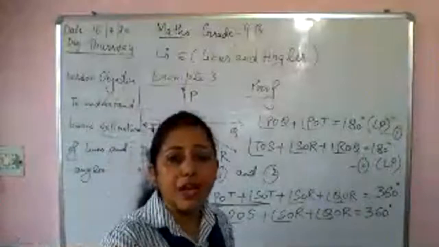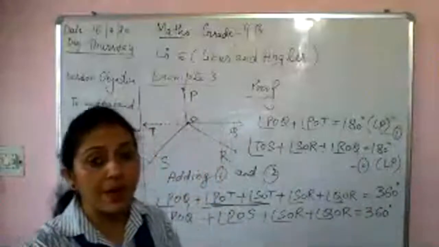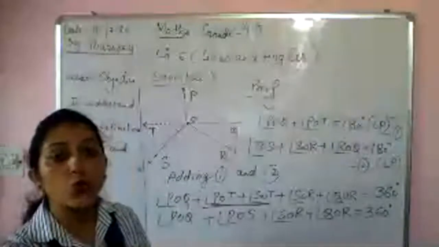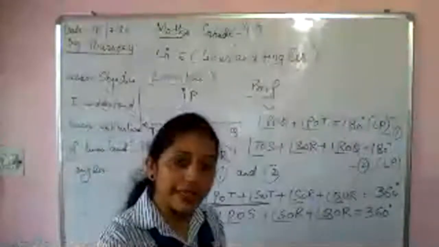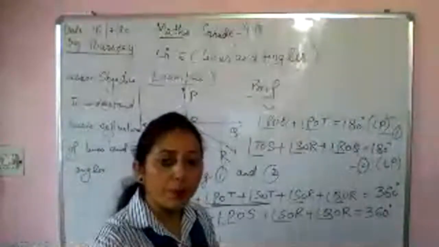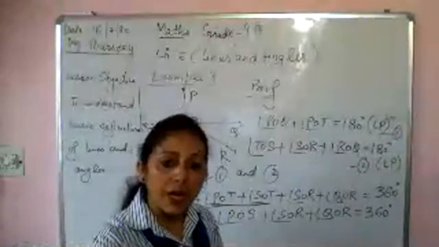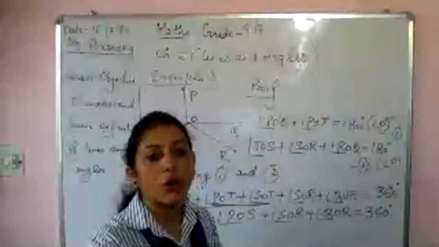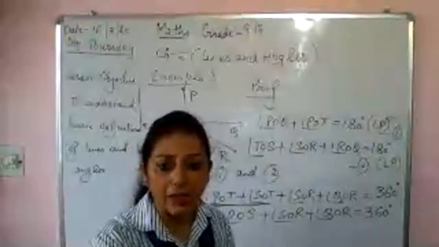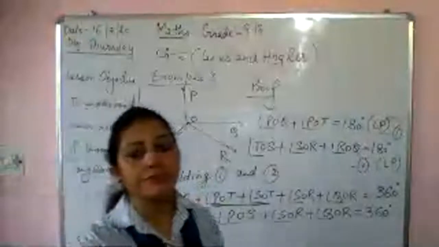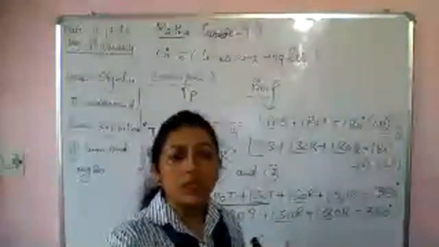After that we have discussed complementary angles and supplementary angles. Two angles whose sum is equal to 90 degree are called complementary angles, and whose sum is equal to 180 degree, they are called supplementary angles. Clear up till here? Now next we have taken the adjacent angles.